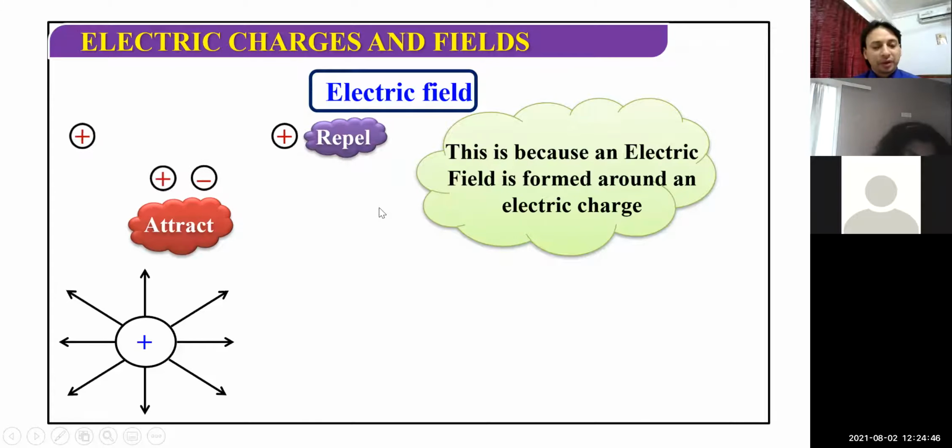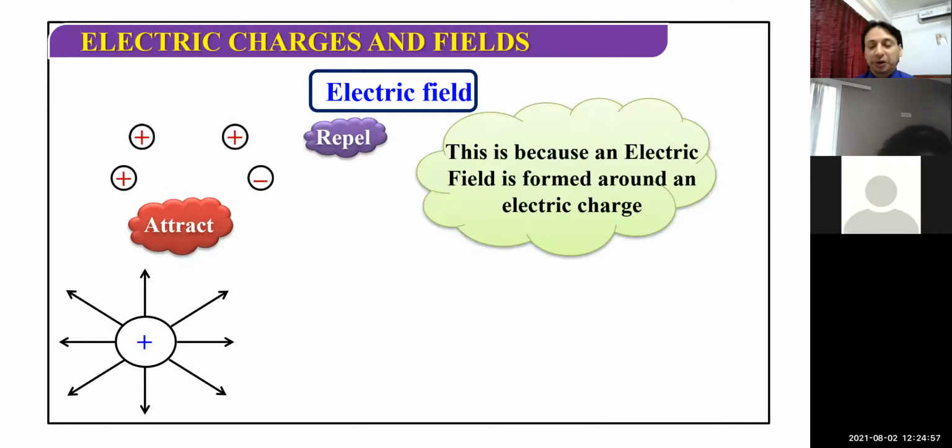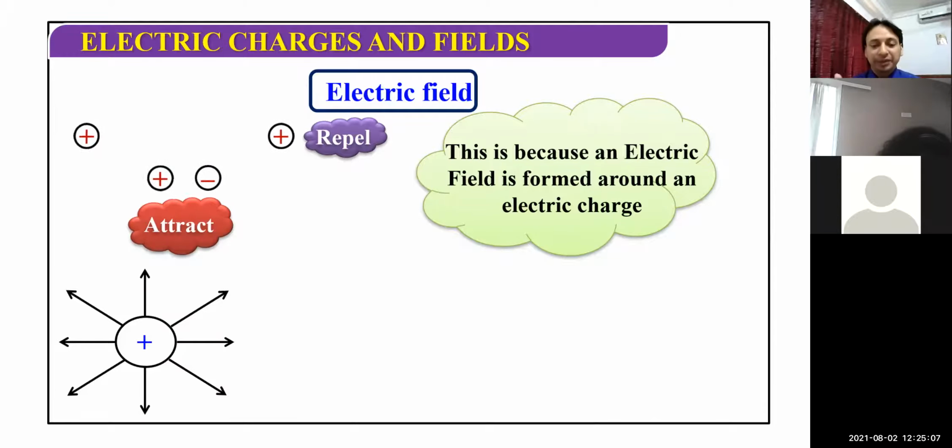Now here, children, whenever you find a single isolated positively charged or negatively charged body, around that charged body there is a space. Listen carefully, there will be some space.